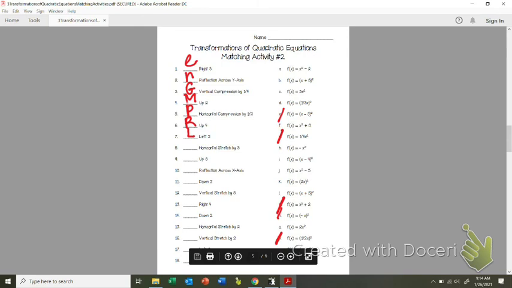All right, this one is messed up. Okay. It should say a horizontal stretch by a third.